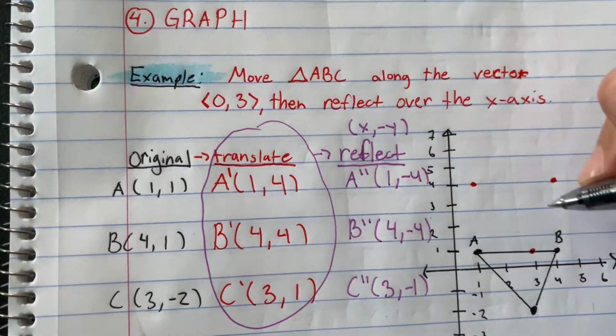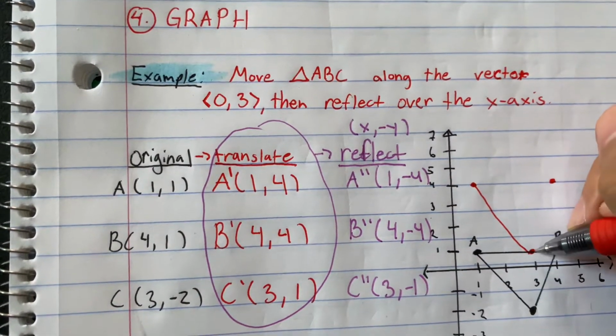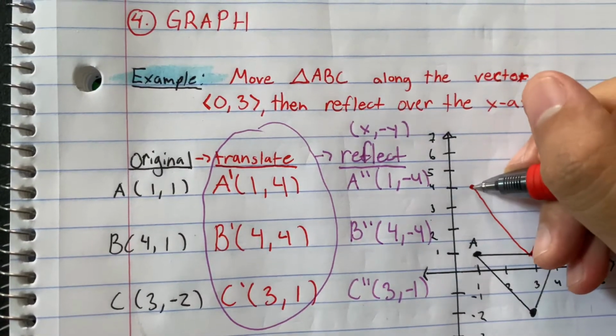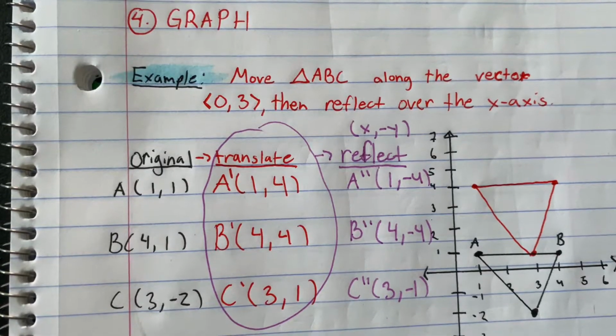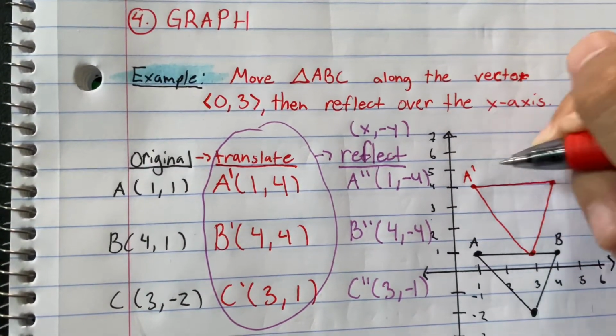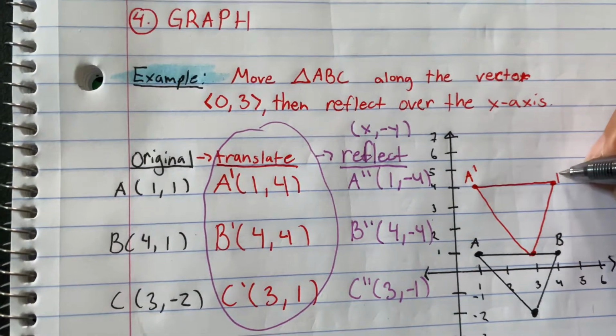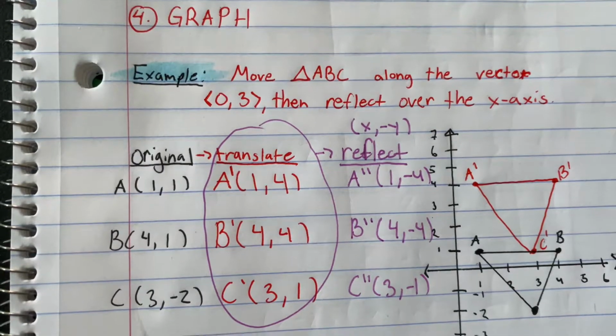So how that graph would look for this. Let me see if I can do a good triangle. Mr. Nguyen is better on paper than he is on his iPad. And I will just put the coordinates, A prime, B prime, and C prime.